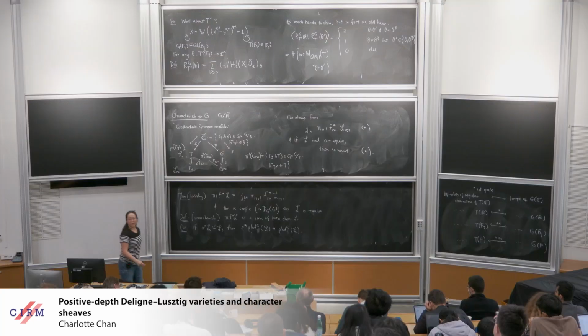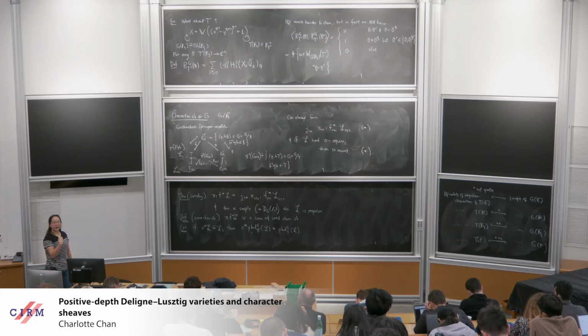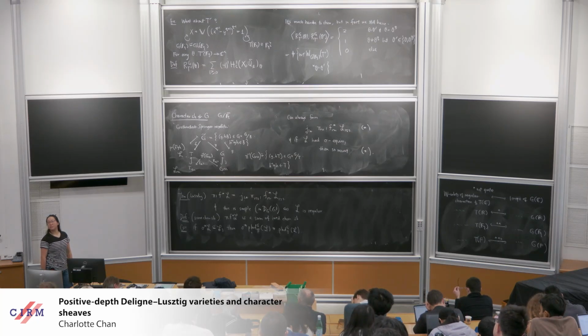Okay, so I now have this object inside the derived category that has sigma invariance, and I can now run the sheaf to function dictionary.